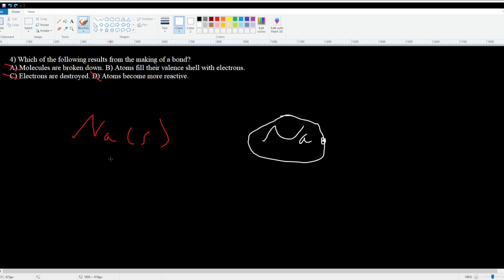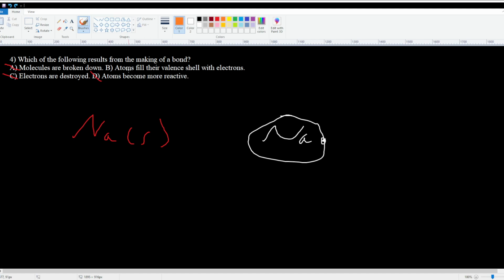If we throw a piece of sodium into a pool of water, it's going to blow up. It blows up because sodium is reacting with the water to become a compound that is far less reactive than sodium in its solid state form. So we're not making atoms more reactive, but technically we're making them less reactive.